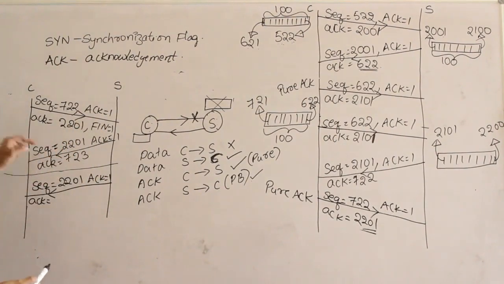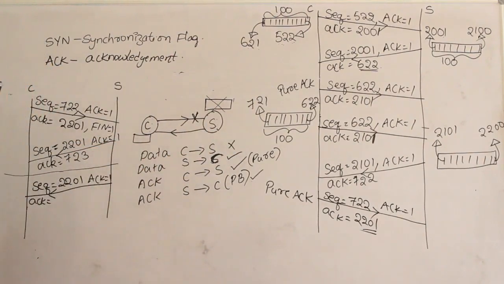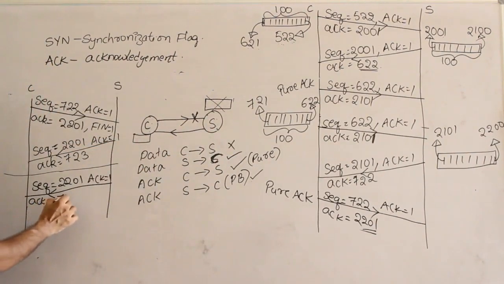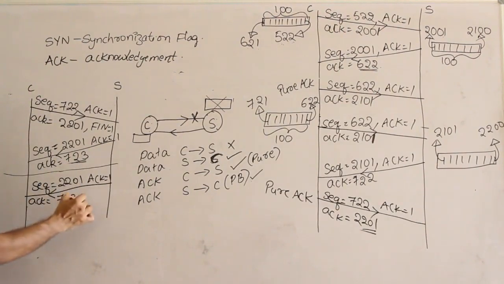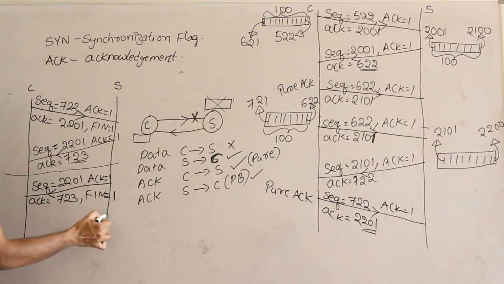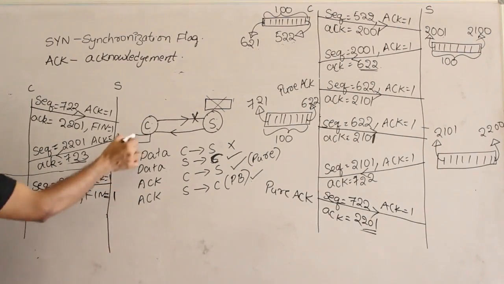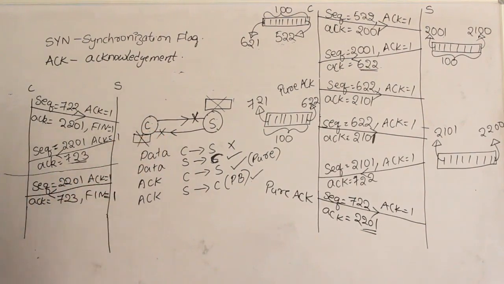What is the acknowledgement number that it is expecting next? 723. Therefore acknowledgement number is 723 only. And on this one it will send FIN equal to 1, which means I too want to close the connection. Then what will client do? Client will free up the buffer. That is how the connection is terminated, right? And client will say yes, I terminated.